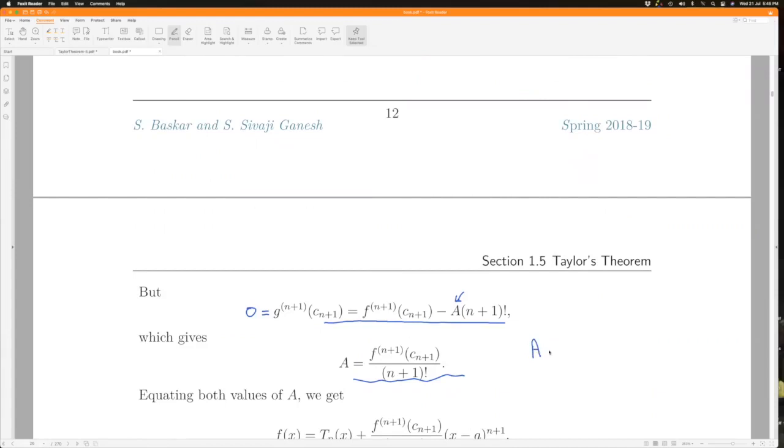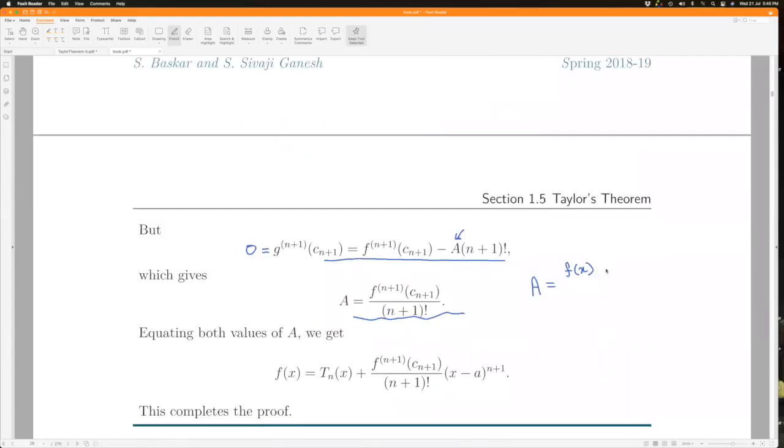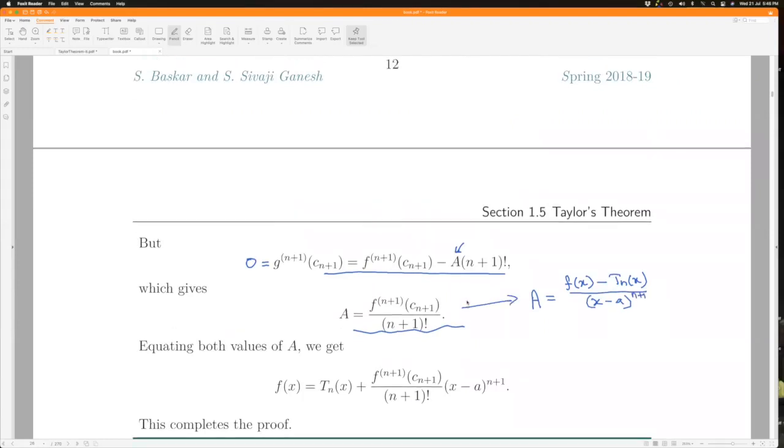Remember, when we are forcing G to vanish at x, that gave us an expression for A, and that is f of x minus Tn of x divided by x minus a to the power of n plus 1, right? Equate these two, you will get the desired Taylor formula.